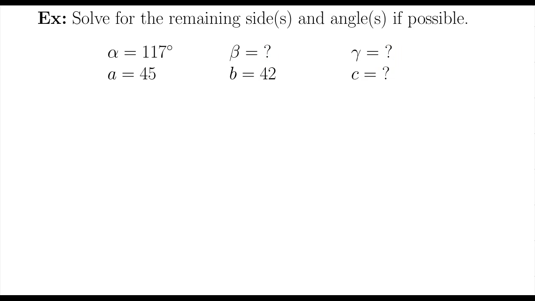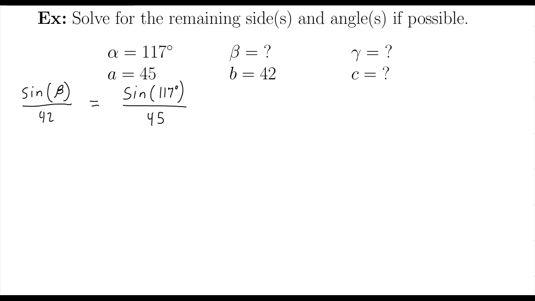So let's start off as we normally would. Let's find beta by using the law of sines. Sine of beta over b, in this case 42, equals sine of alpha, 117 degrees, over a, which is 45.